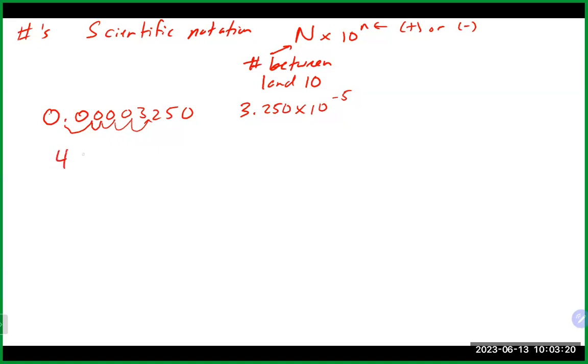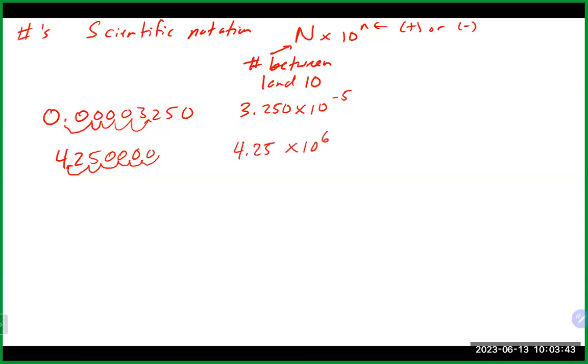Obviously, if I had a larger number like 4250000, although there is no decimal point written here, we would assume it's at the end. In this case, we would need to go 1, 2, 3, 4, 5, and 6 places to the left. And that will give us 4.25 times 10 to the 6.